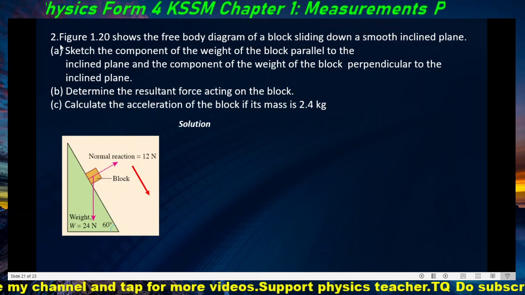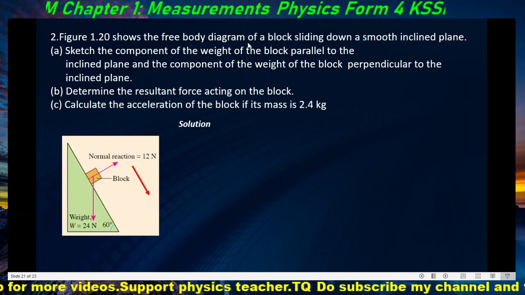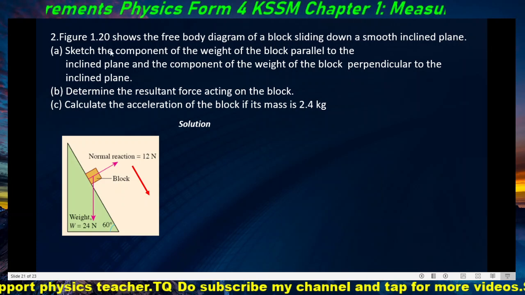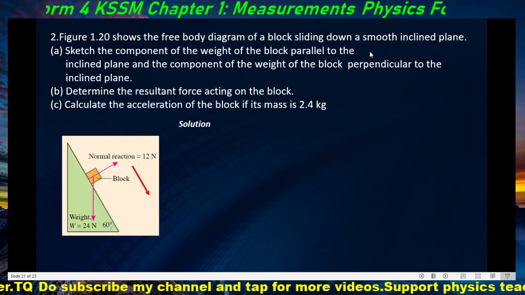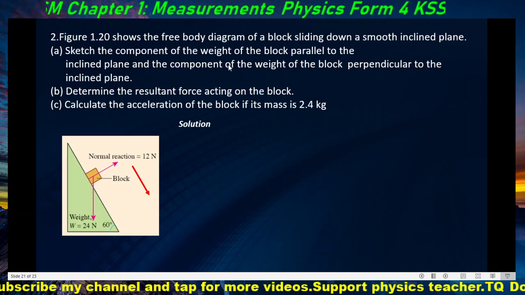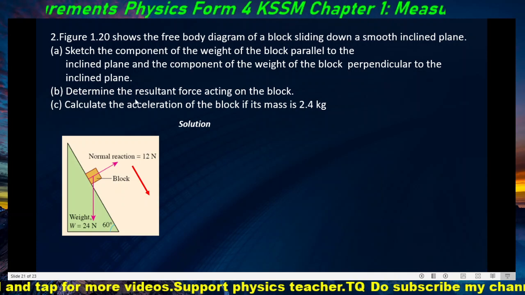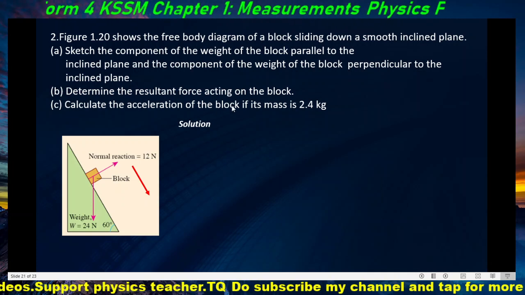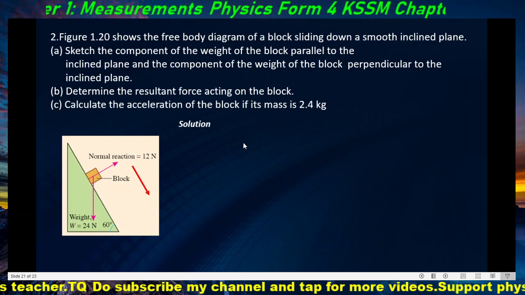Second question, example 2. Figure shows a free body diagram of a block sliding down a smooth inclined plane. Sketch the component of weight of the block parallel to the inclined plane and perpendicular to the inclined plane. Determine resultant force acting on the block. Calculate acceleration of the block if its mass is 2.4 kilogram.